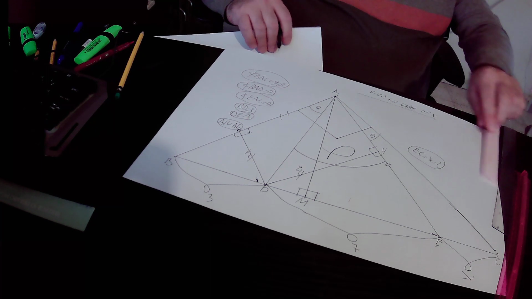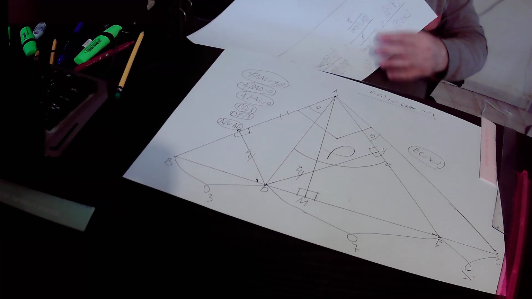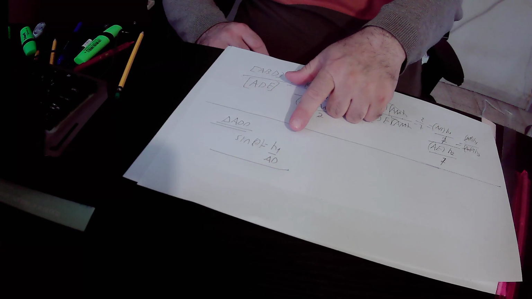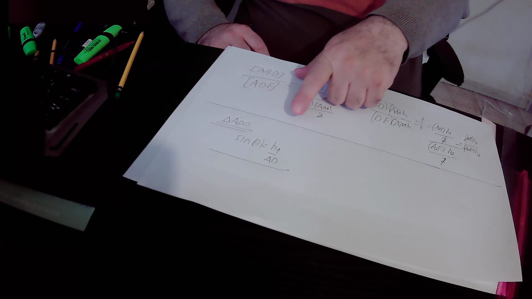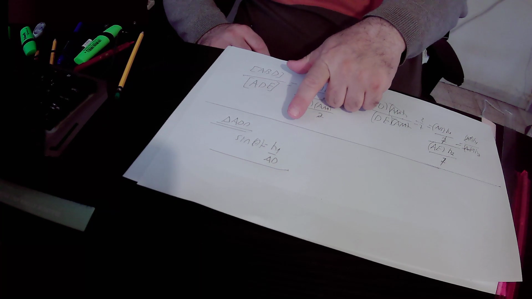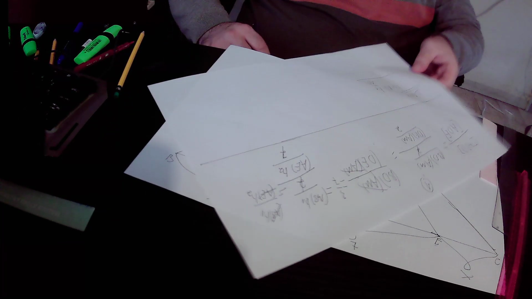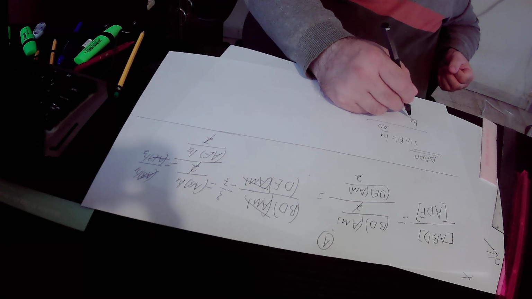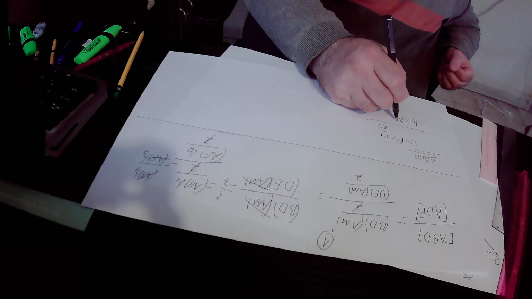I repeat again, in the right triangle ADO, sine theta equals H1 over AD. We will multiply this equation by AD, and we'll get that H1 equals AD times sine theta.